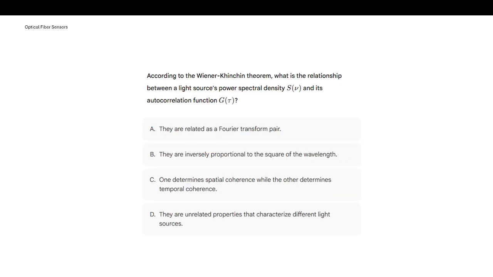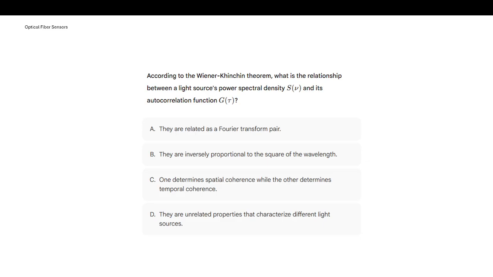Well done. Moving towards the next question, according to the Wiener-Khinchin theorem, what is the relationship between a light source's power spectral density S(nu) and its autocorrelation function G(tau)?